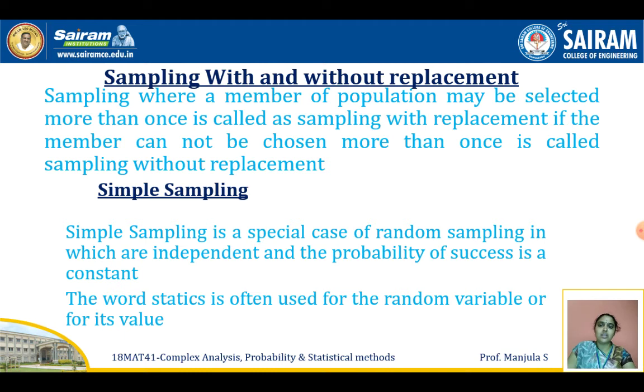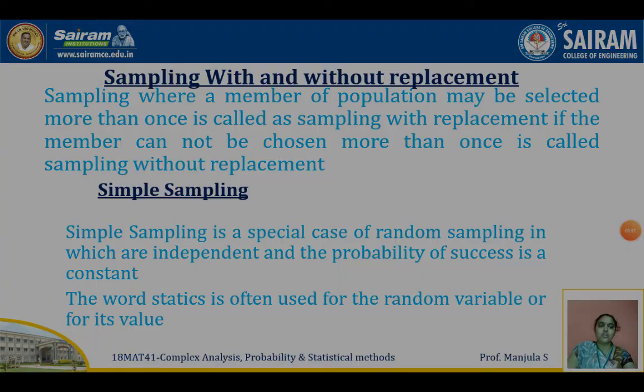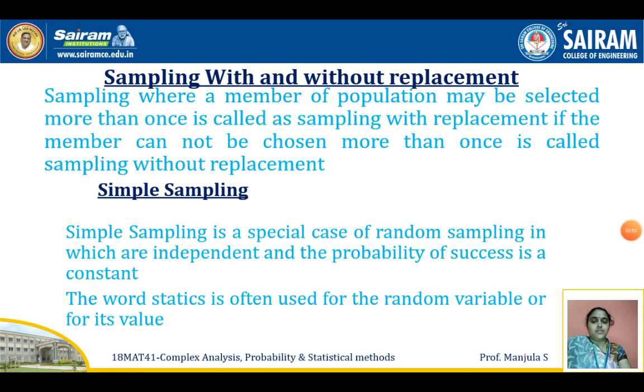In sampling there are again two types: with replacement and without replacement. Sampling where a member of the population may be selected more than once, so each element has an equal chance and may be selected more than one time, is called sampling with replacement.